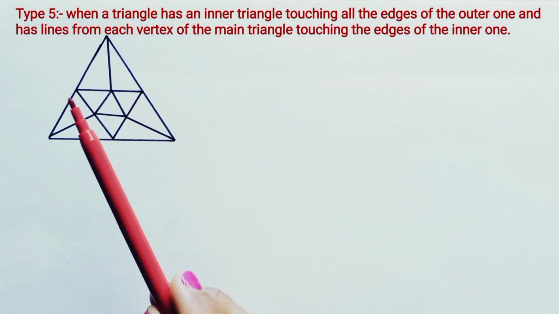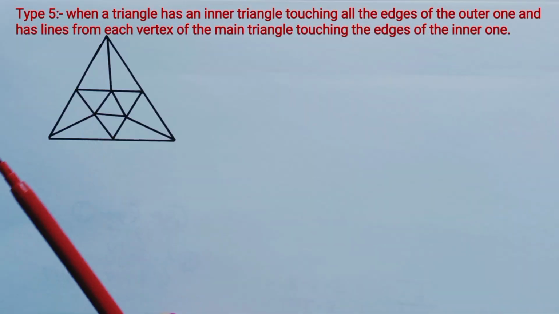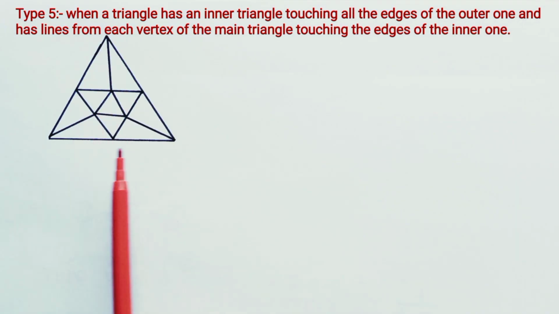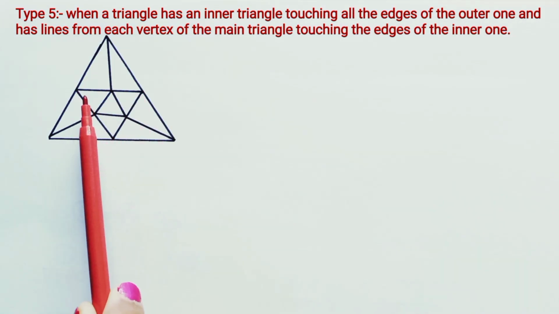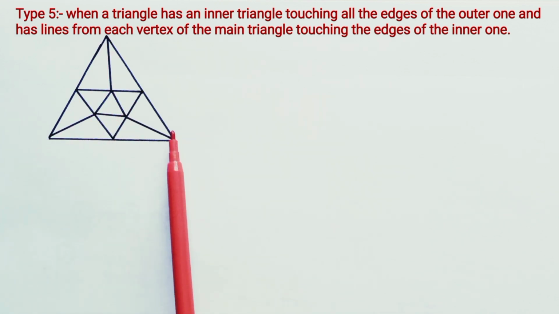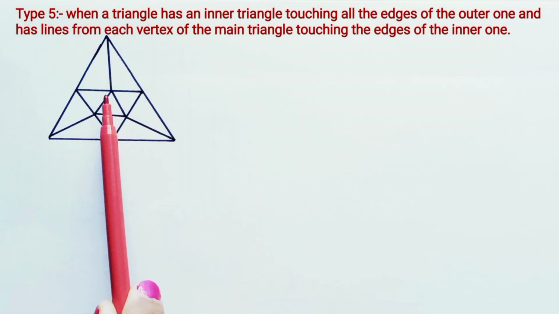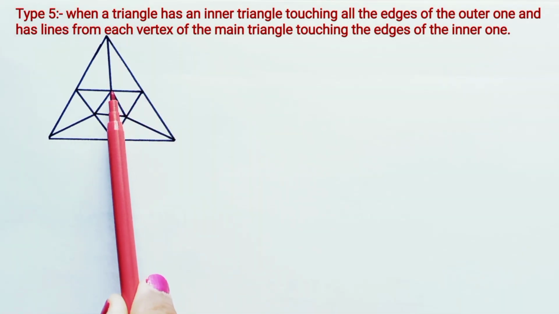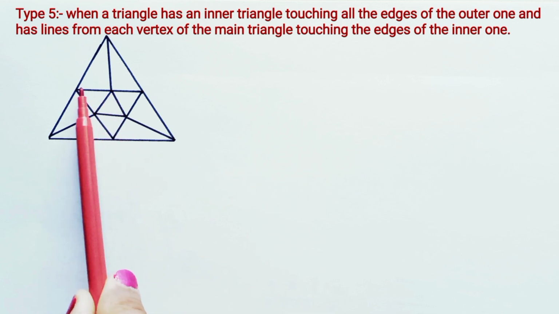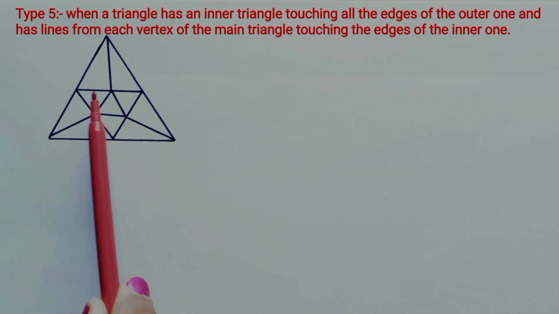Now let's move into the next type of triangle. In this type, we can see a triangle. In this triangle, we have an inner triangle, and this inner triangle is touching all the edges of the outer triangle. And inside this inner triangle, we can also see another triangle, and this triangle is touching all the edges of the inner triangle 1.